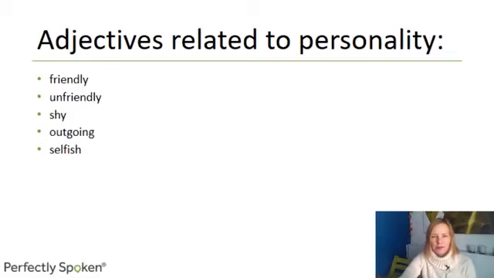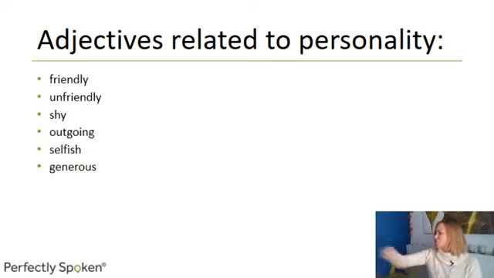Okay, that's selfish. And the opposite of selfish is generous. Oh, he's really generous. You can say generous or generous. So he's really generous. He always gives, yes, this is for you, no problem. You can have that. Very generous.